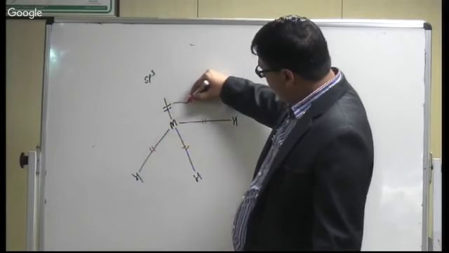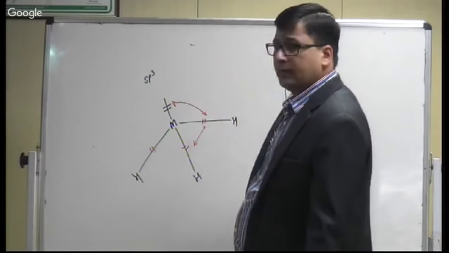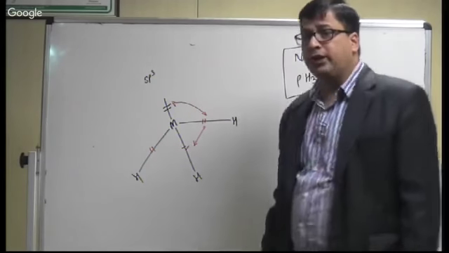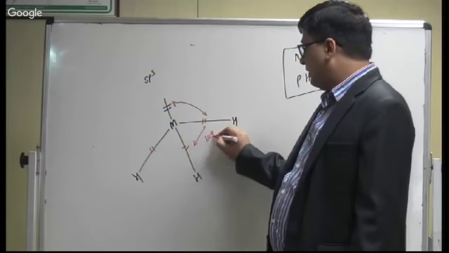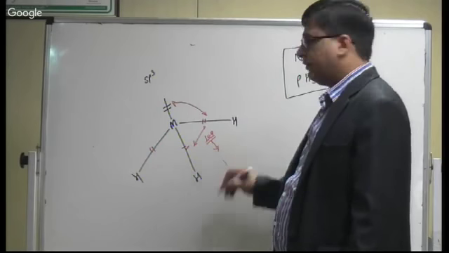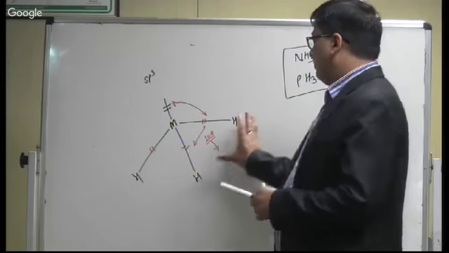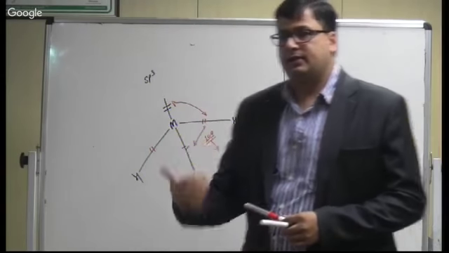Is lone pair-bond pair repulsion higher or bond pair-bond pair repulsion? Lone pair-bond pair. So can we say the angle is not 109, it decreases to less than 109? Okay. Why is it less than 109? Because the bond pairs come close, so this angle decreases. Clear?